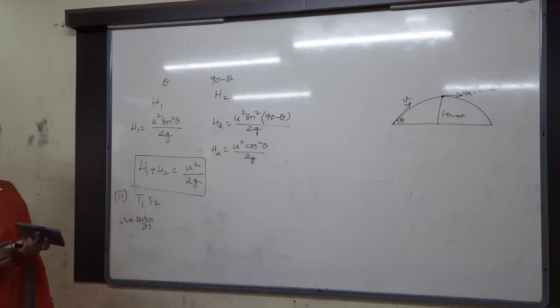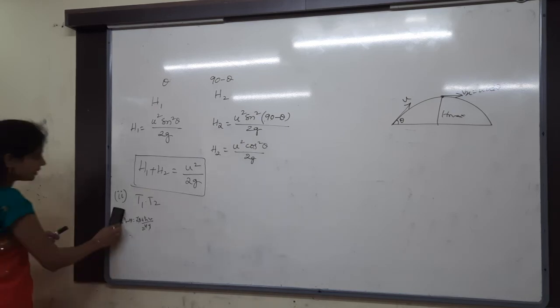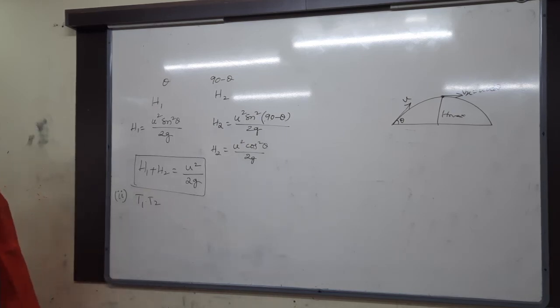Done? 2R by G is the correct answer. How many of you got that? Raise your hands. Yes, very good. Everybody can get that easily.